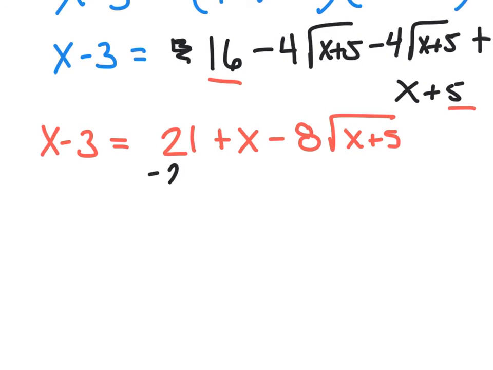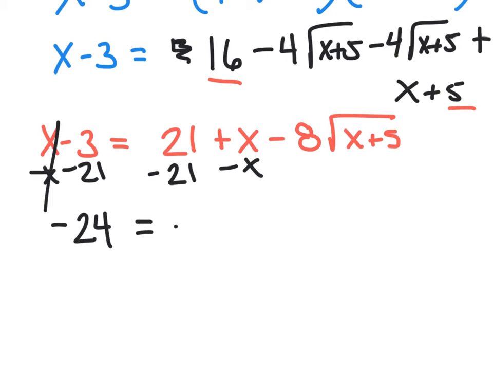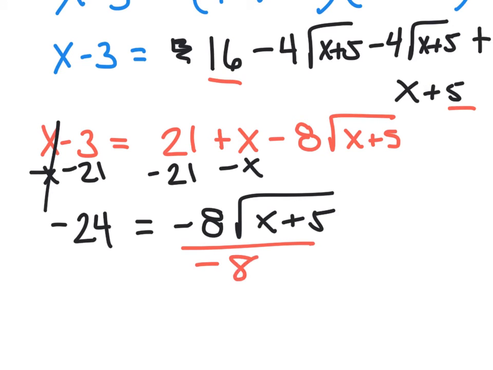I'm going to subtract 21, and I'm going to subtract the x at the same time. So look how nice those cancel, and that's just negative 24 equals a negative 8 radical x plus 5. Now we're not at the point where I want to square both sides yet. I'm going to divide both sides by negative 8 because I want to isolate the radical. And I get 3 equals the square root of x plus 5.